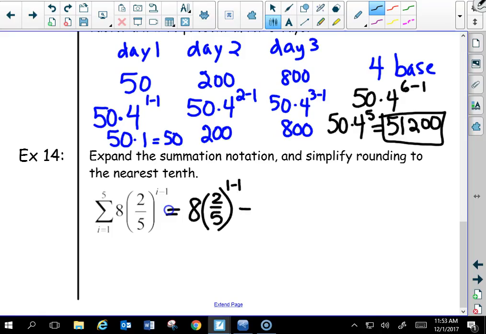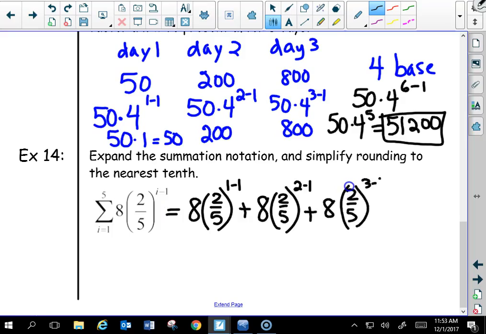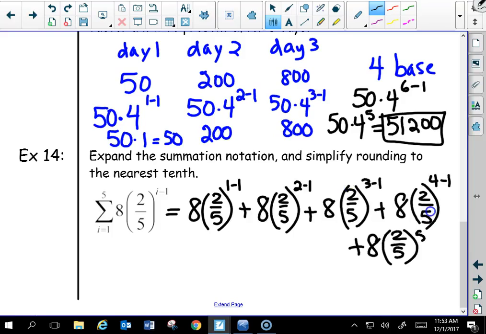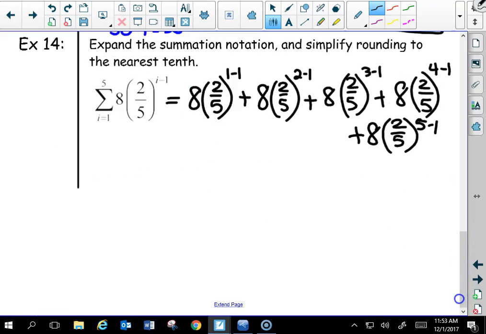That's i equals 1, i equals 2, i equals 3, and one last one at i equals 5. Now, what I found really interesting about this, because I simplified it and entered it into the quiz software: 2/5 to the 0 power is just 1, so that's just going to be 8.